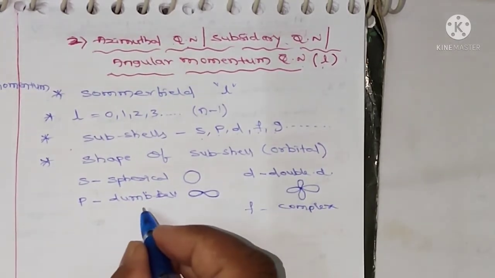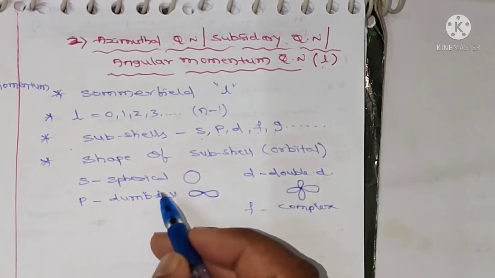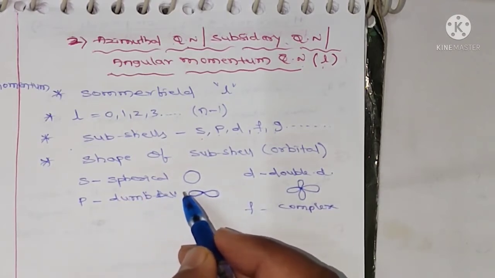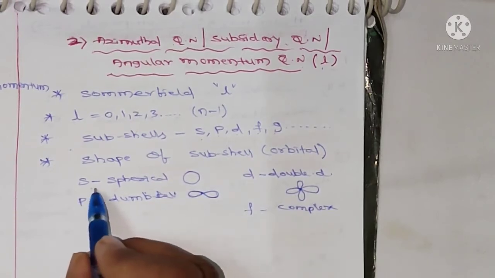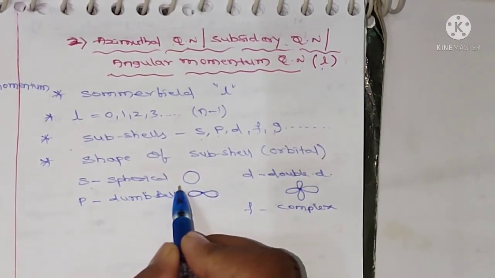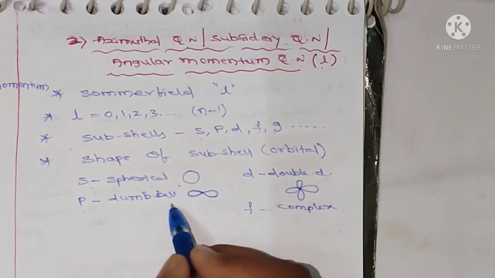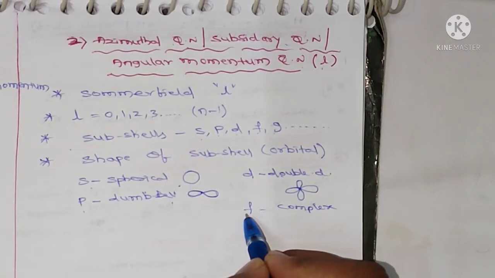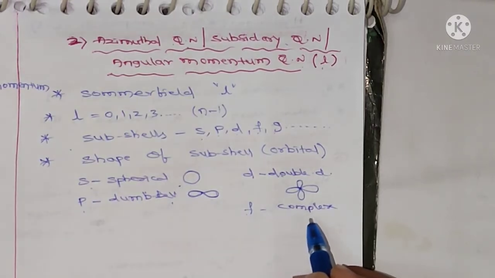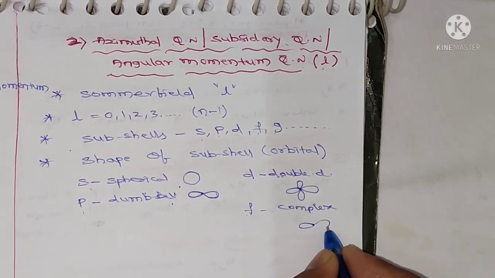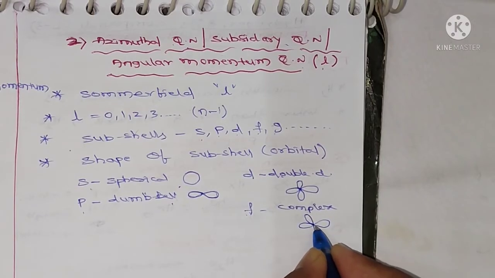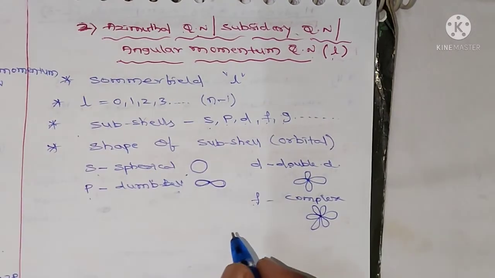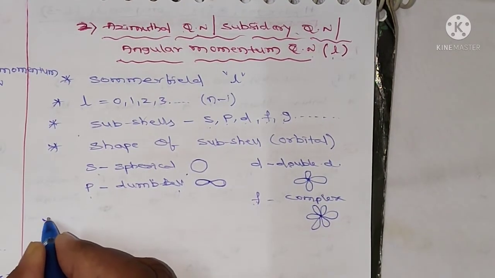So this azimuthal quantum number gives the information about the shape of the subshells or orbitals.